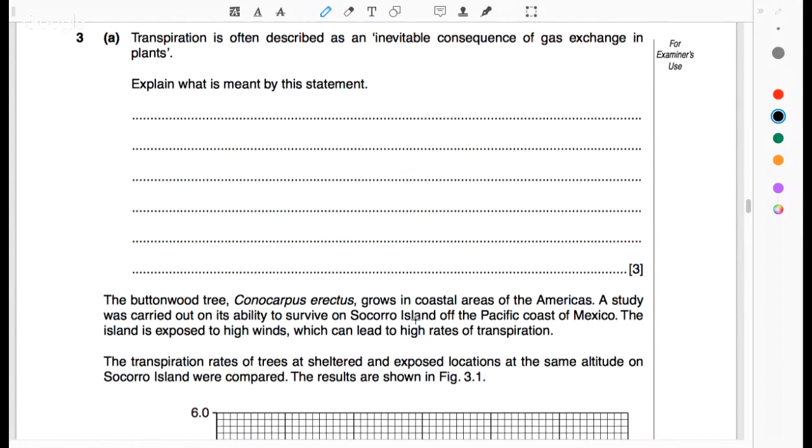And CO2 is the source of carbon for the assimilates formed in photosynthesis. And the stomata being open for CO2 results in transpiration occurring, so results in water vapor being lost by diffusing down the concentration gradient out of the plant. Okay, perfect, good.